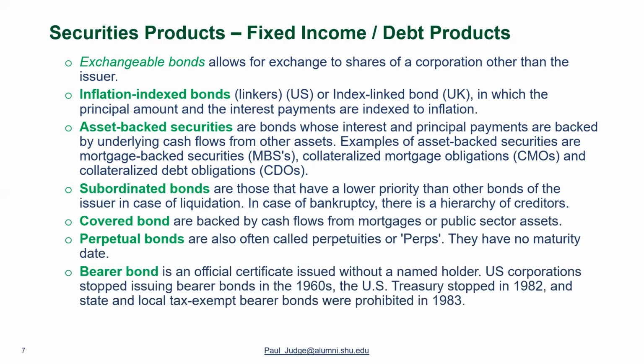Bearer bonds. We don't really do these in the United States anymore. These were bond certificates that used to be issued, and they had no name on it. And so there was no registered owner, and they were as good as cash. If you had a $10,000 bearer bond, it was the same as having $10,000 in cash. U.S. corporations stopped doing these, and the Treasury stopped doing these.